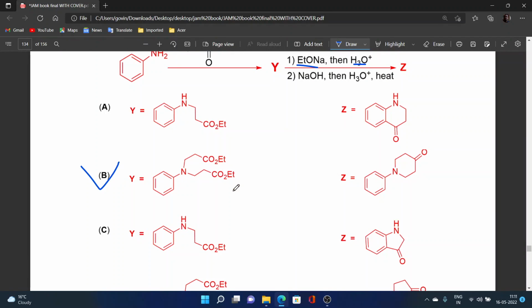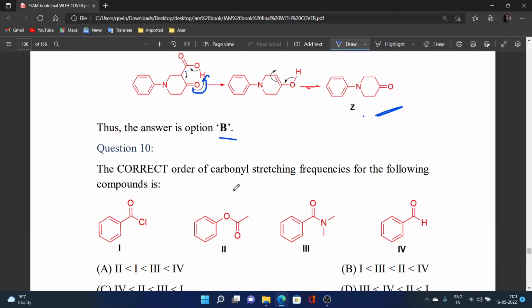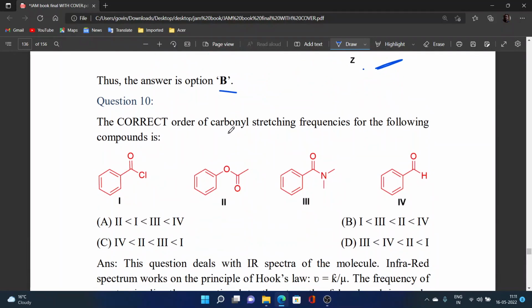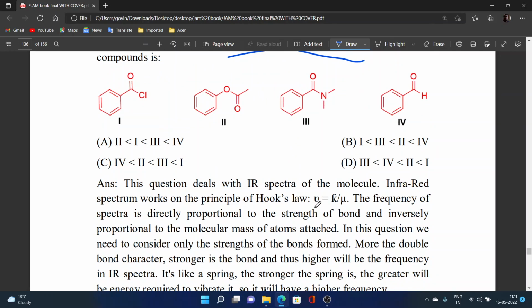Okay, moving on, the last question for this video: the correct order of carbonyl stretching frequency for the following compounds. So carbonyl stretching frequency is talking about IR spectroscopy. In IR spectroscopy the principle is Hooke's law.